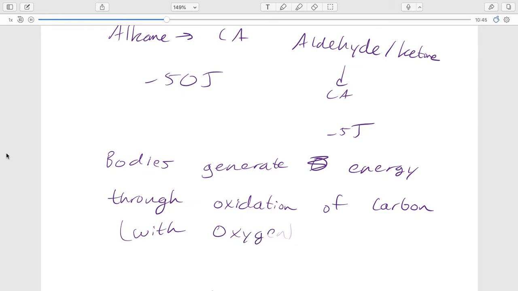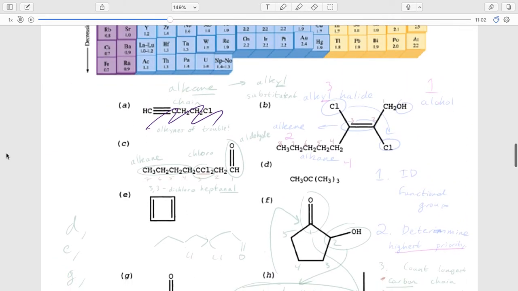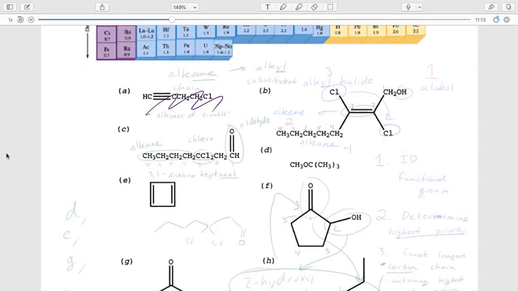I mean, we can use it with nitrogen too, but that's really more of a minor species. And so as we're going through these IUPAC examples, let's also find the carbons that are oxidized and label them as alkane, alcohol, aldehyde, ketone. I'll write that on the side over here, or actually you have them in your notes, so that's good.